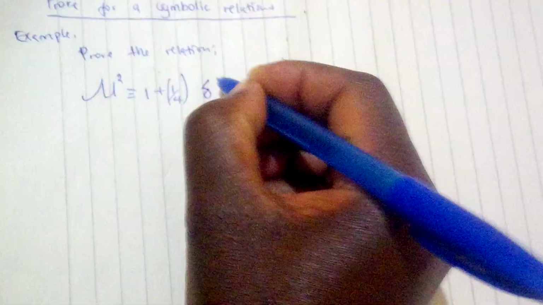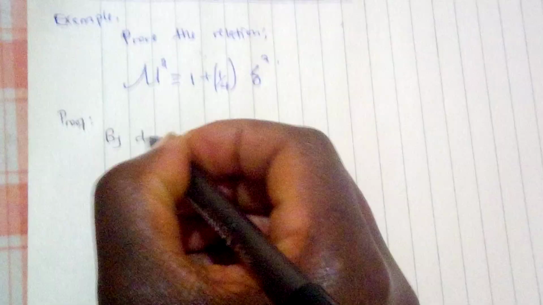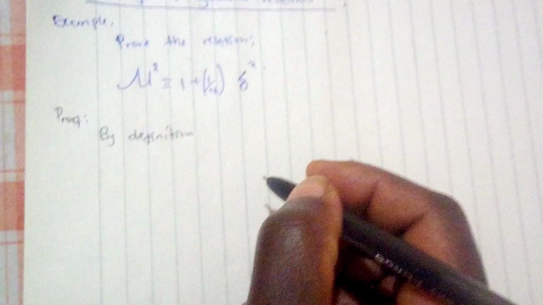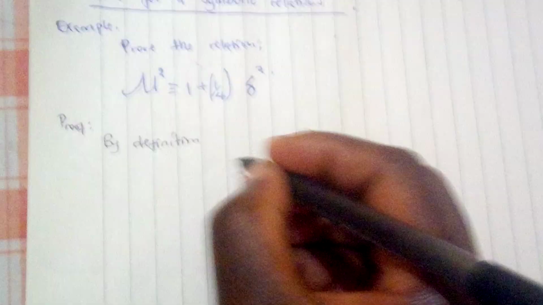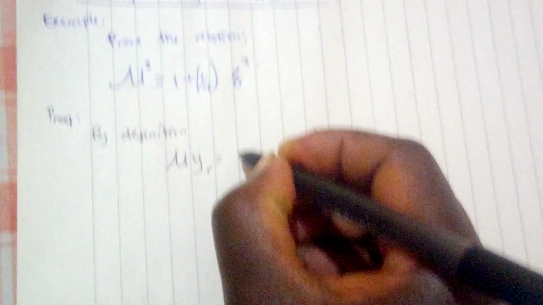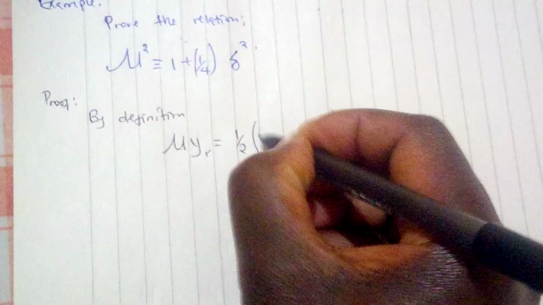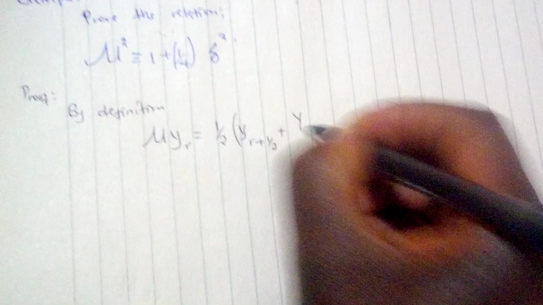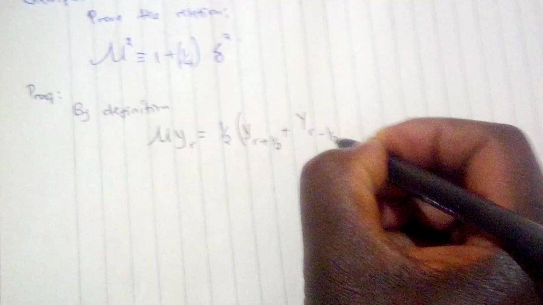Then you have the central difference squared. So how are we going to prove this? Let's prove. By definition, from what we learned in our previous lesson about symbolic relations and separation of symbols, the averaging operator of a functional value yr is equal to a half into the functional value y at r plus a half plus the functional value y at r minus a half.